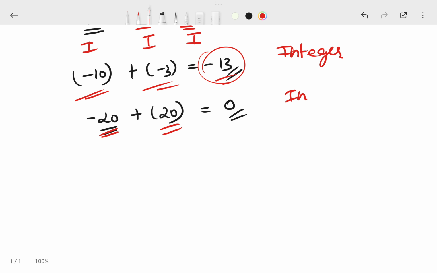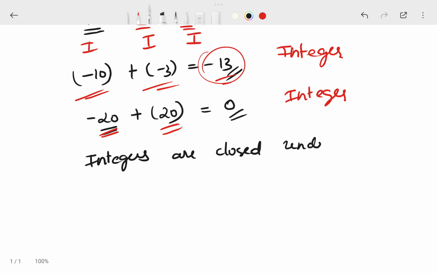So from this we can say integers are closed under addition.